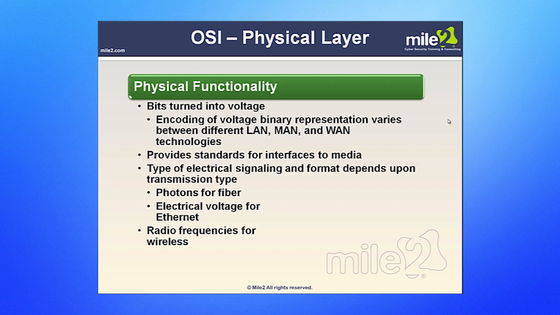And this does provide standards for the different interfaces to the different media that we have. And there's going to be some differences as well with the electrical signaling and the format. And there's also wireless. We use radio frequencies for wireless. We're not using what some books may call bound media, basically cable. With wireless, it's like in the airwaves. It's just out there in the air.